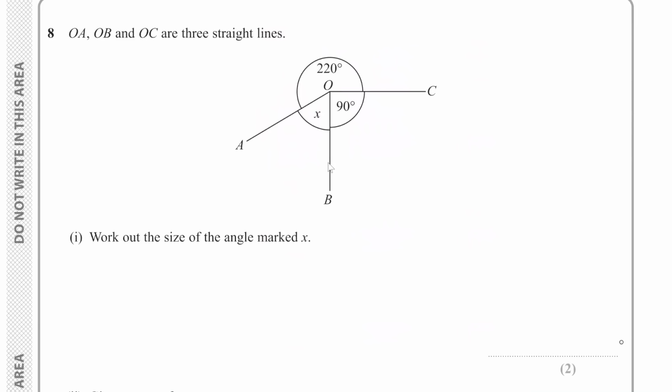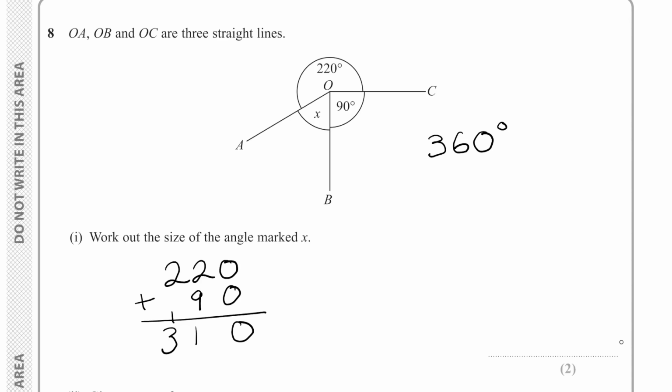Okay, question 8, we've got OA, OB, and OC being 3 straight lines. We need to work out the size of the angle X. All the angles around the point have to make 360 degrees. So we've got just a missing angle, find out what it is. So 220 and 90, they make 310.